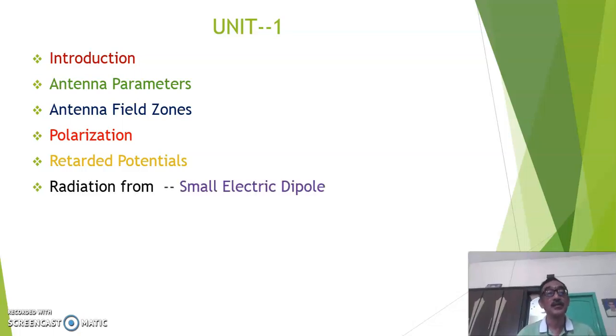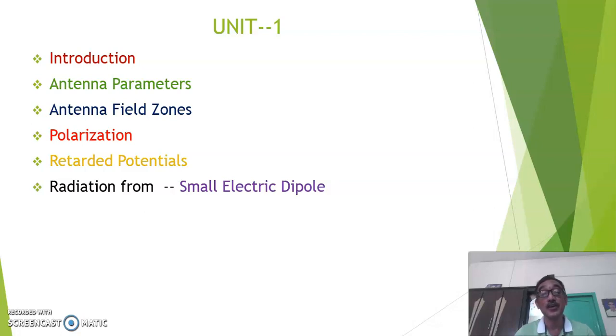And then after studying these topics, we will go on to study the radiation from a small electric dipole. We will consider a small electric dipole and study how the radiation effect will be from it.